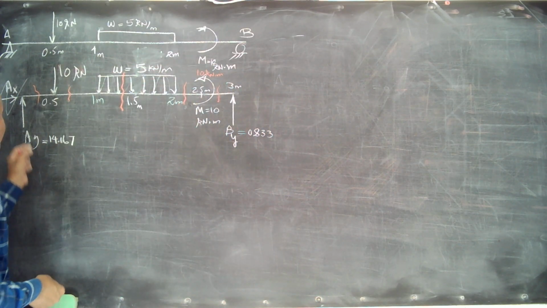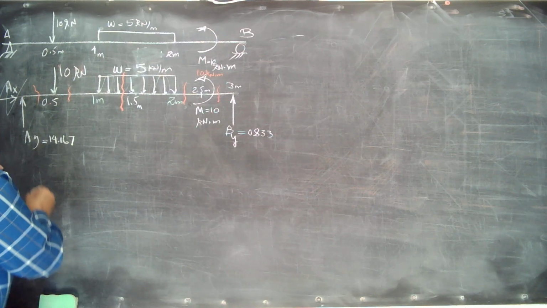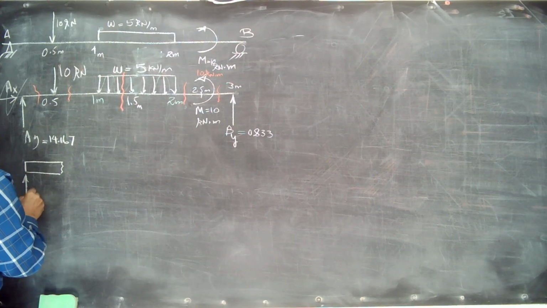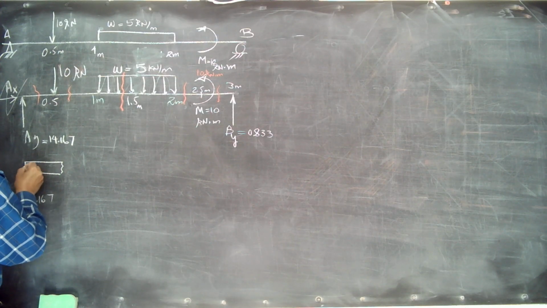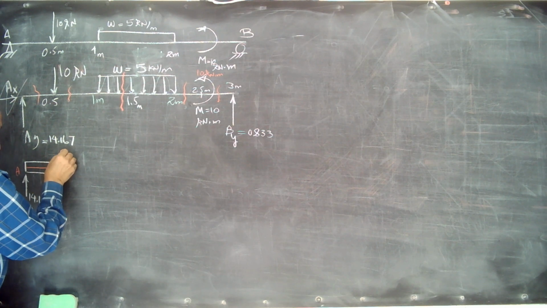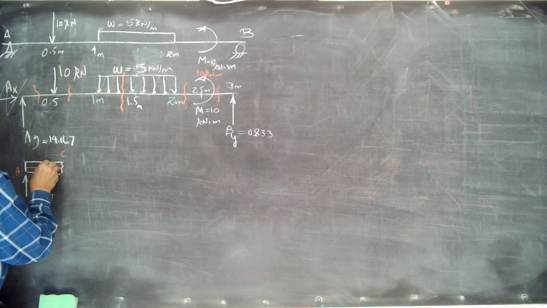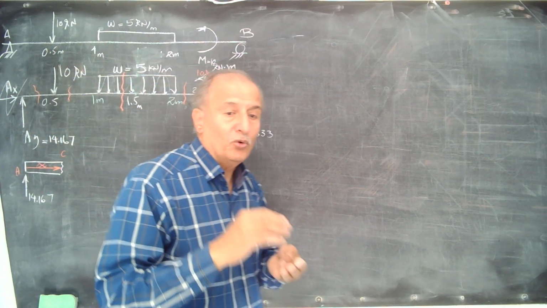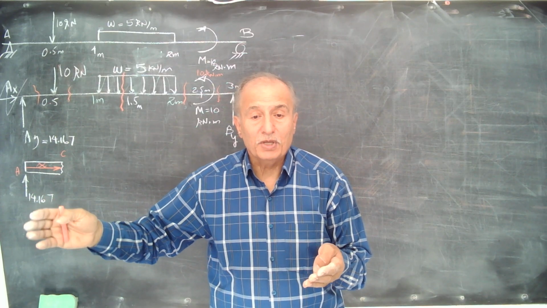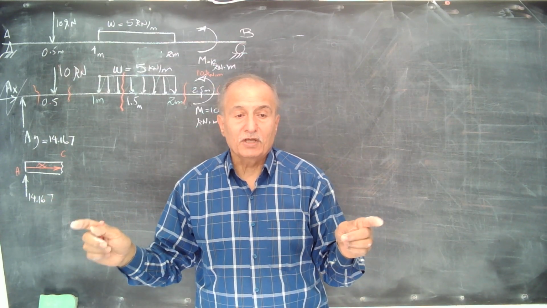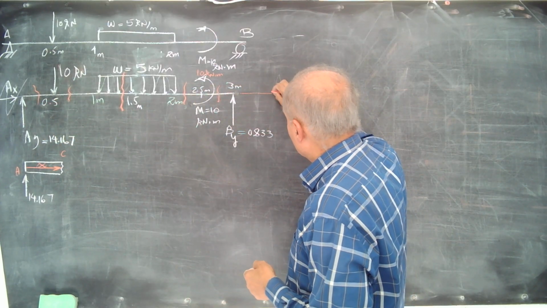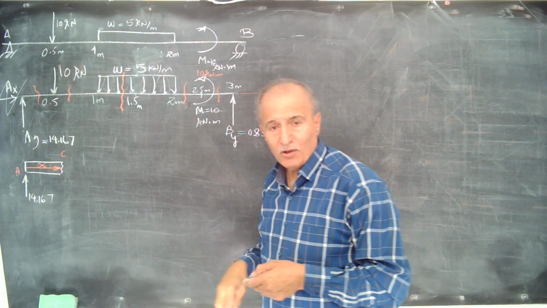Then let's start with the first. I cut it here. This is the force 14.167. The length that I cut from the origin A till the cut section C is called X. Always from the origin to where you give an imaginary cut to the beam is called X, because we take the origin at the left side and the x-axis will be here. Okay?